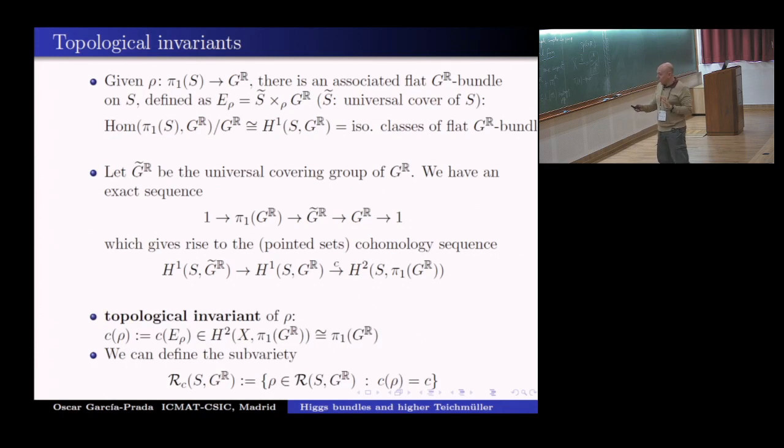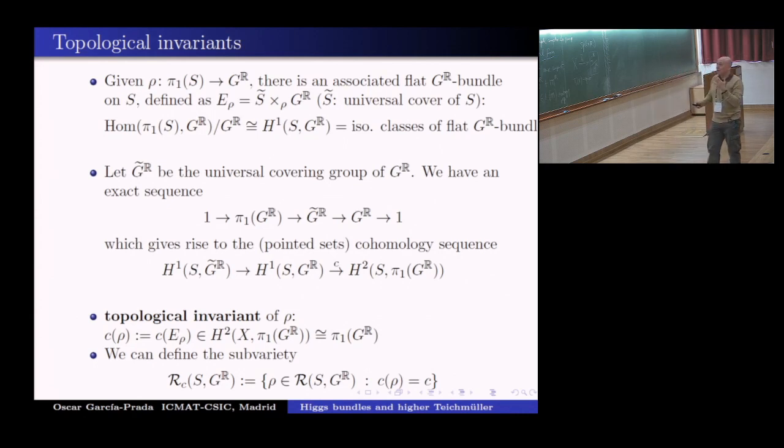This class is an element in the fundamental group, and this topological invariant of the representation measures the obstruction to lifting the flat GR bundle to a GR tilde bundle. So if that is 0, then you can lift it. That is the natural topological invariant, a generalization of Chern classes, that you can associate, right?